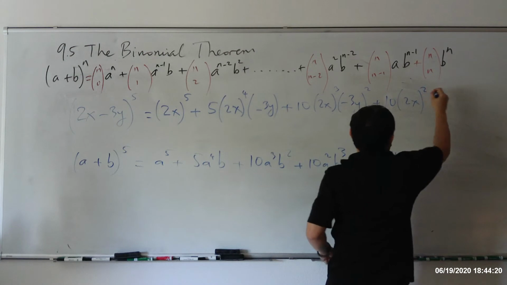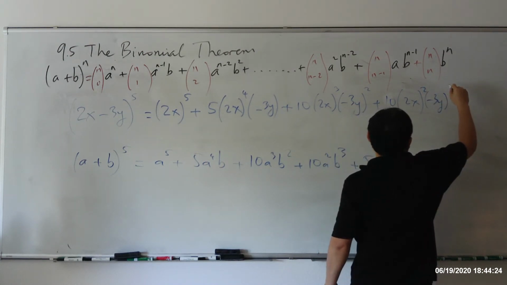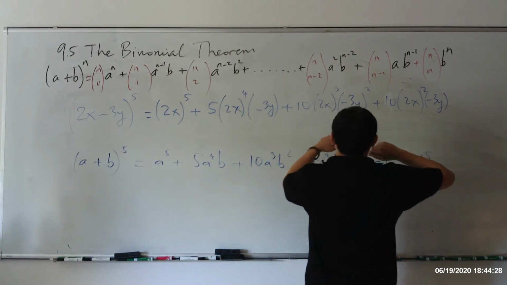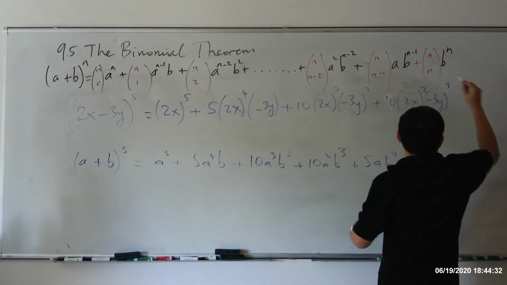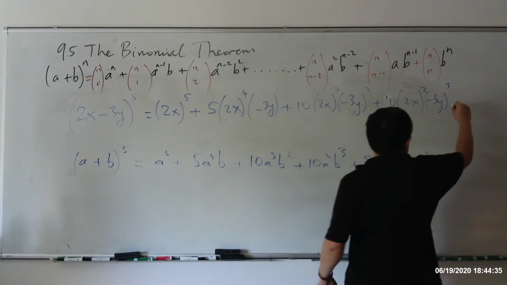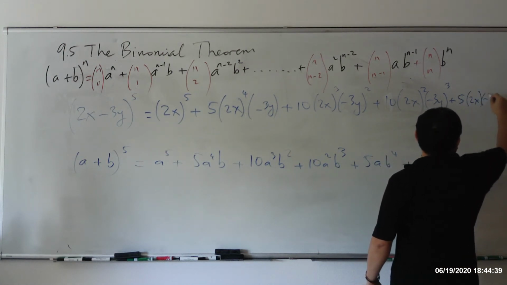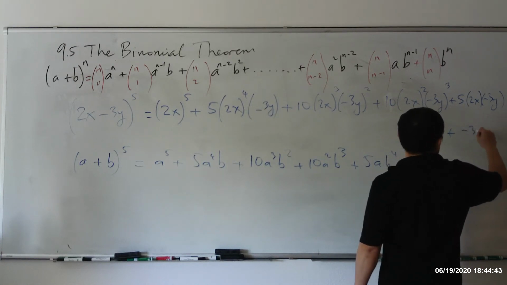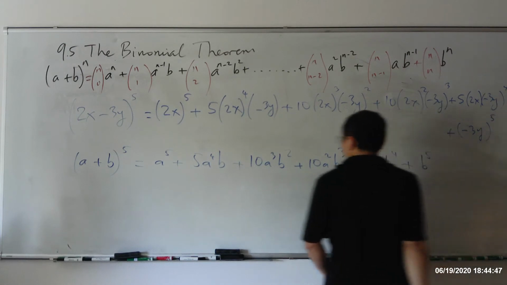Plus 10 times 2x squared times negative 3y cubed, and then plus 5 times 2x times negative 3y to the 4th, and then plus negative 3y to the 5th.